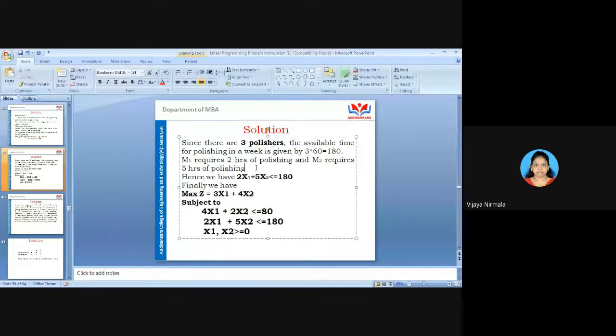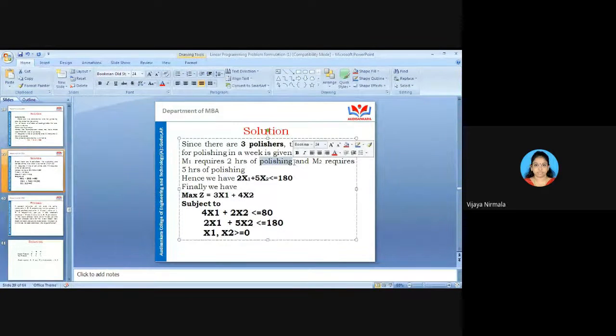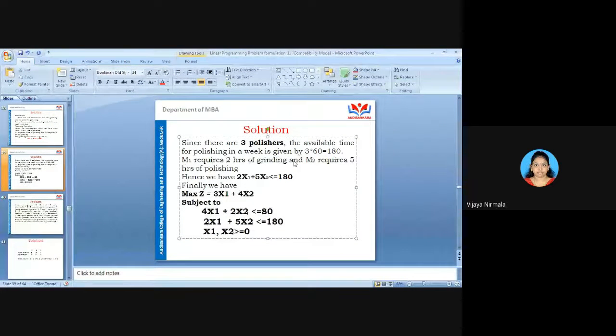M1 requires 2 hours of polishing and M2 requires 5 hours of polishing.